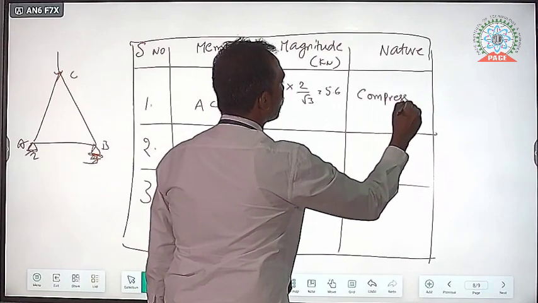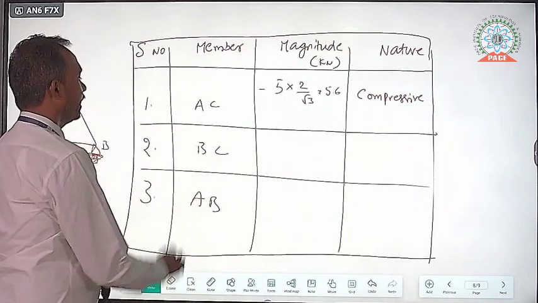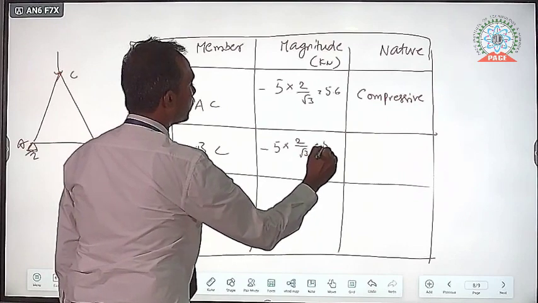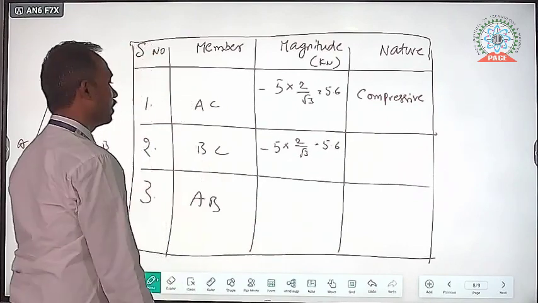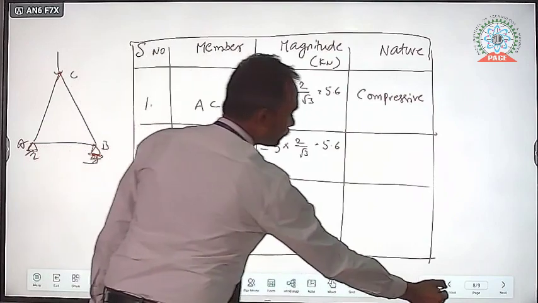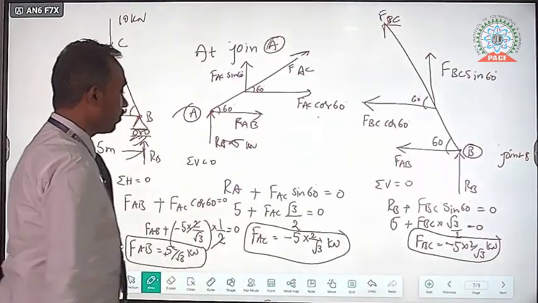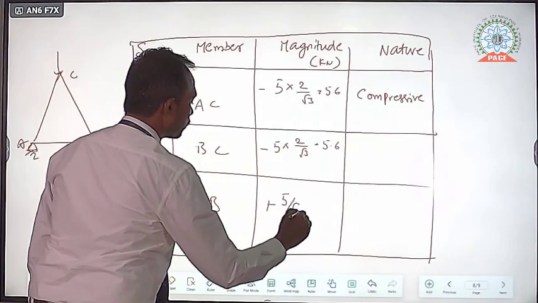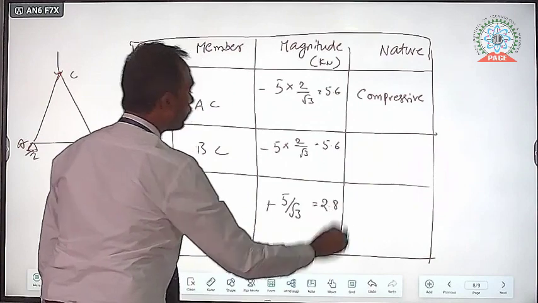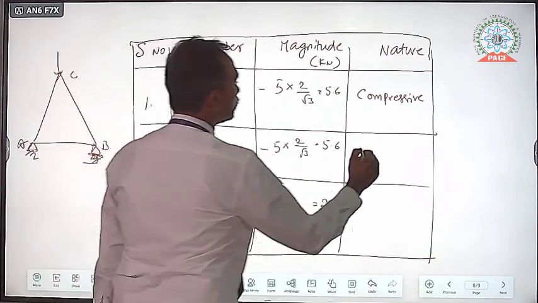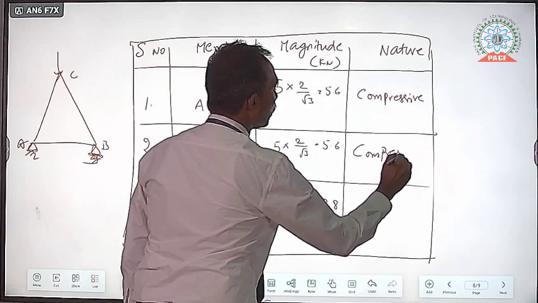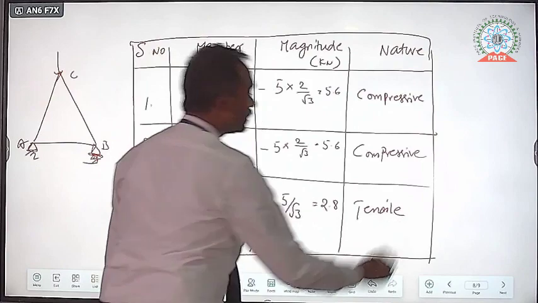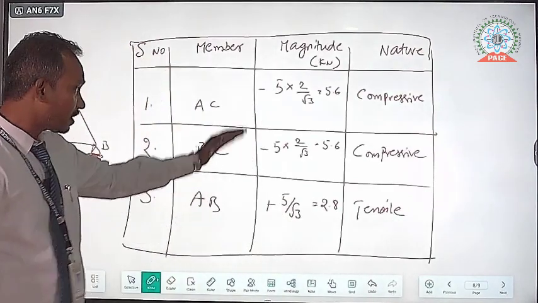And next BC, this is also minus 5 into 2 by root 3, nearly the value is 5.6 kilonewtons. And AB we have calculated, that is 5 by root 3, which is nothing but nearly 2.8 kilonewtons. So this is also compressive, and this one is tensile. Okay, so these are the values in these members.